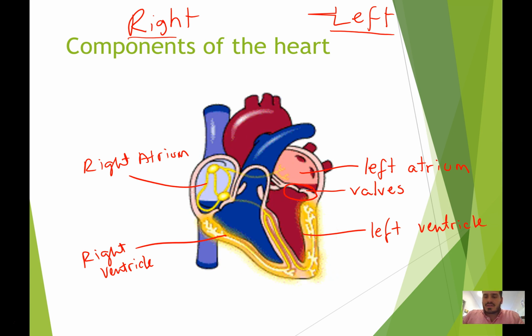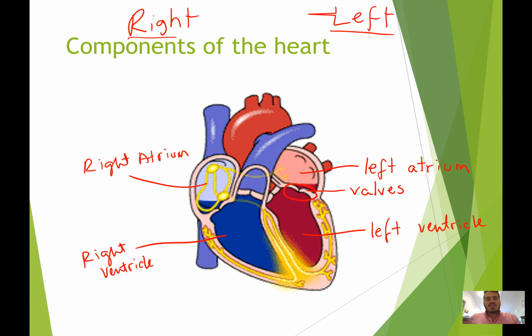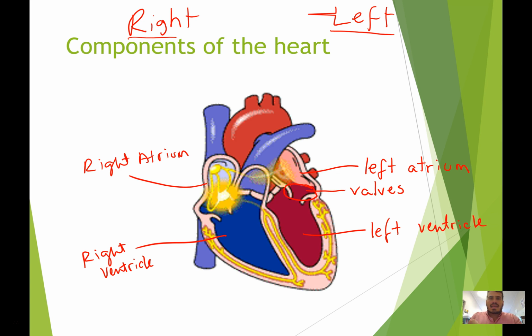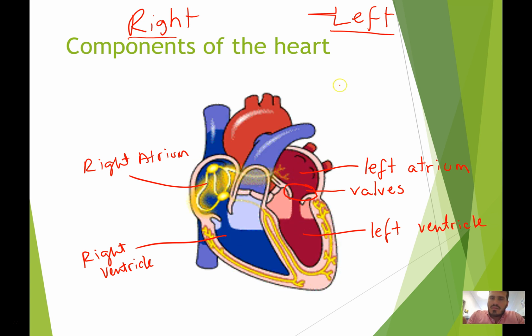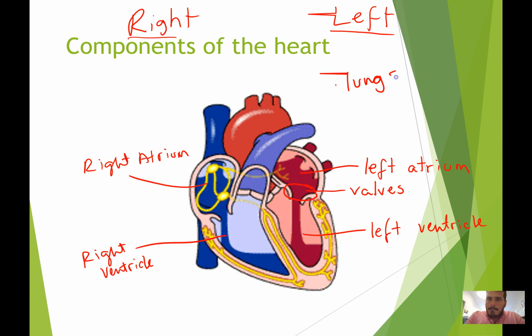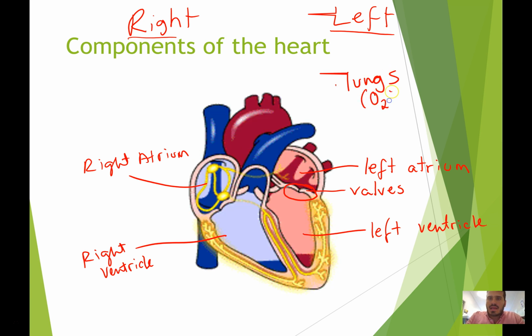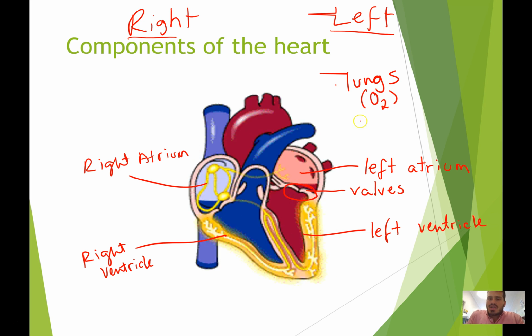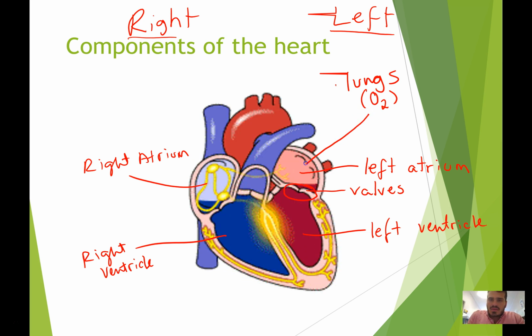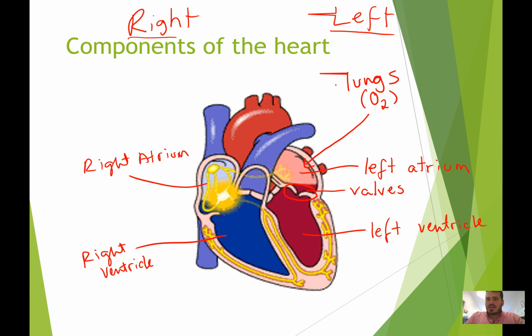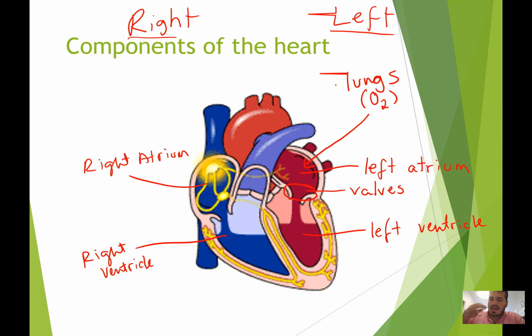Good fun to remember. All right, so let's run through the blood in the heart, okay? So we're always going to start in the lungs. So if you imagine that the lungs are out here, right, and the lungs are going to take in oxygenated blood, right? And that oxygenated blood is going to go into the left atrium first through these little holes, which are little entrances to the heart, all right?